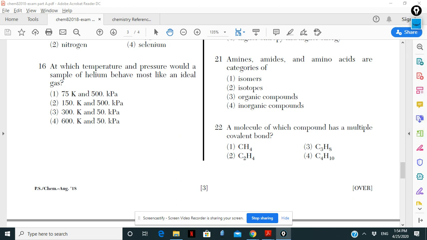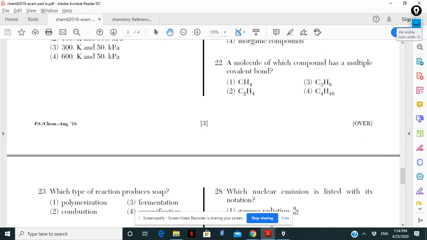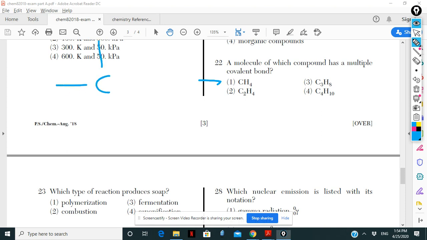Okay. Question number 22. A molecule of which compound has a multiple covalent bond? For here, I have carbon attached to 4 hydrogen.